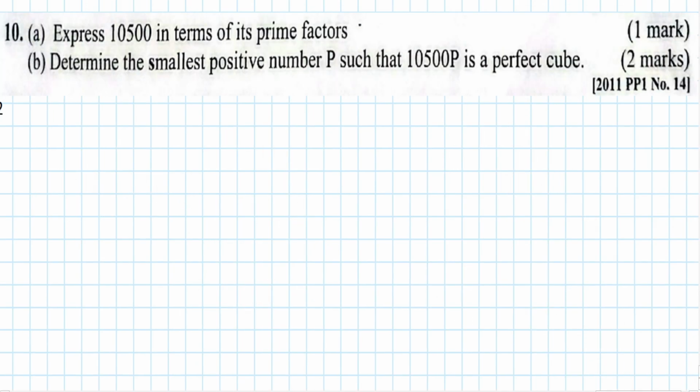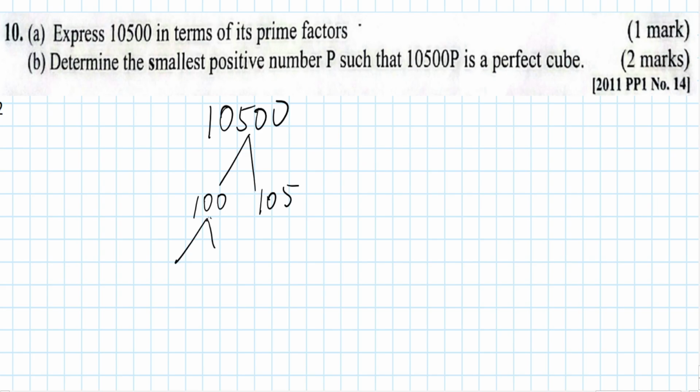Okay, the other question is: express 10,500 in terms of its prime factors. Which is very easy. Let's just draw a factor tree this way. So 10,500, by the way, the easiest way of doing these things is you just draw 105 times 100, rather than doing divide by 2, divide by 2.